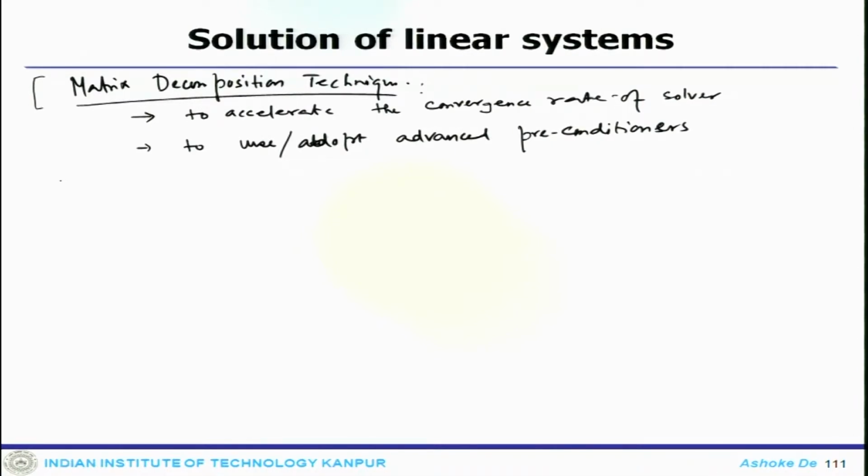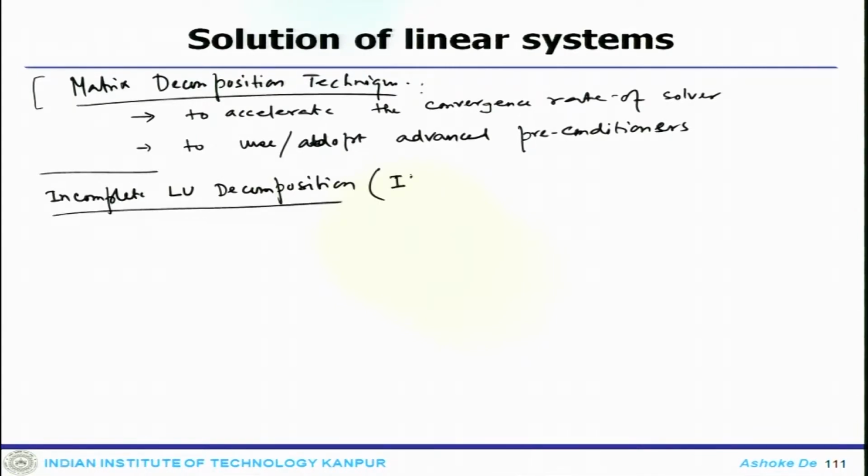The simple way is to decompose the system by incomplete factorizations, and the first one we call incomplete LU decomposition, also known as ILU.